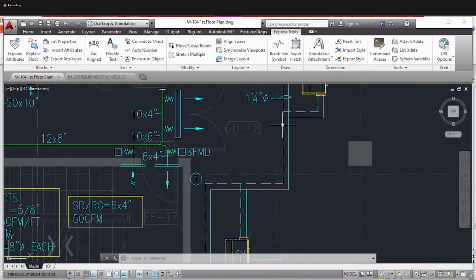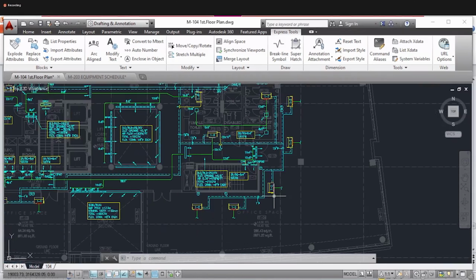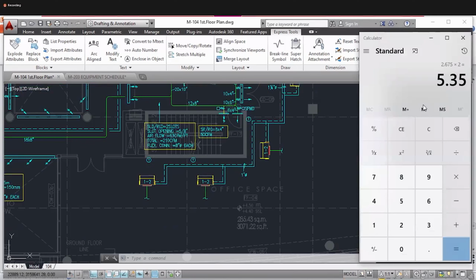Now we will see this size. This is 1 and 1/4, no? We have to consider 3 units. 2.675 GPM for 1 unit, so we multiply by 3: 2.675 times 3 is 8.025 GPM.